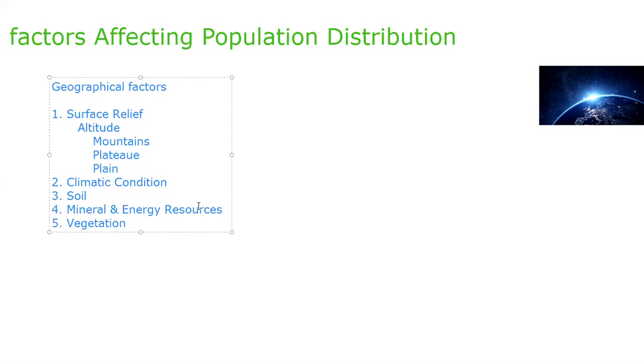Okay, then the next factor is disease. Now, a disease can be categorized as a geographical factor, and it can also be categorized as a non-geographical factor.